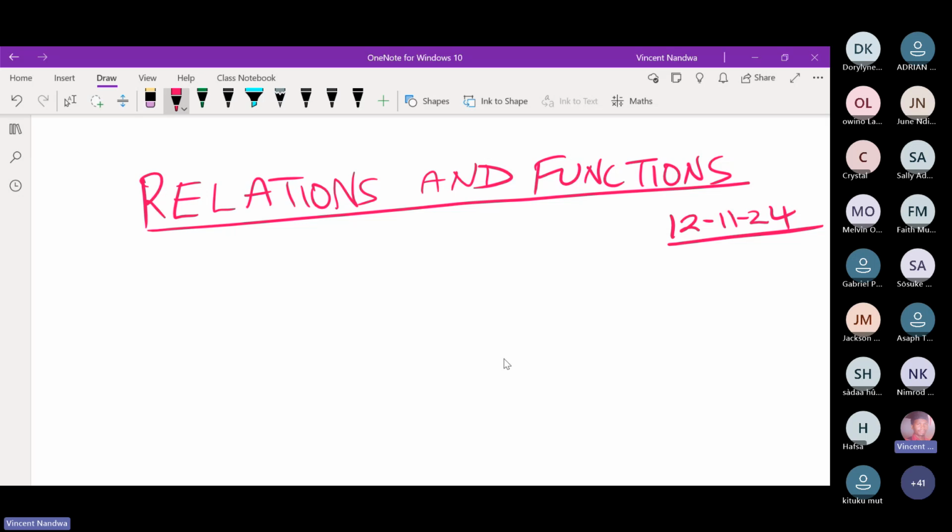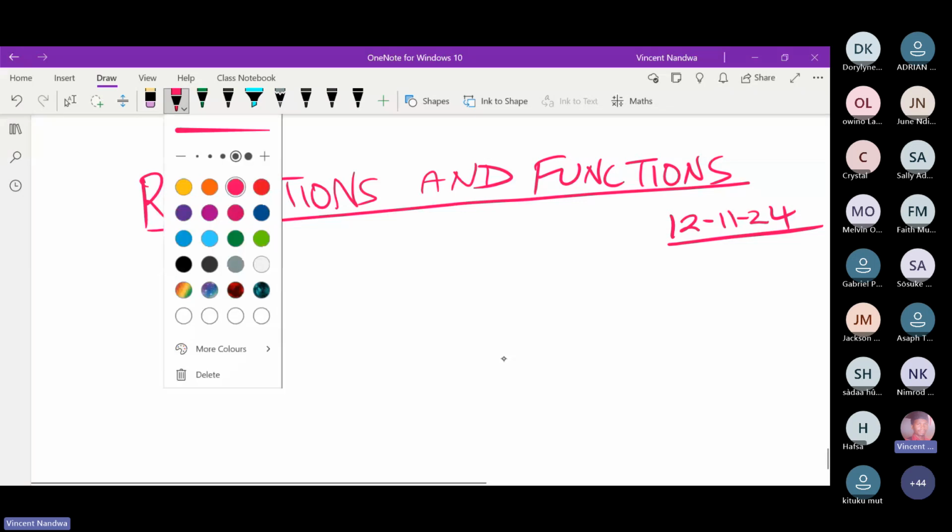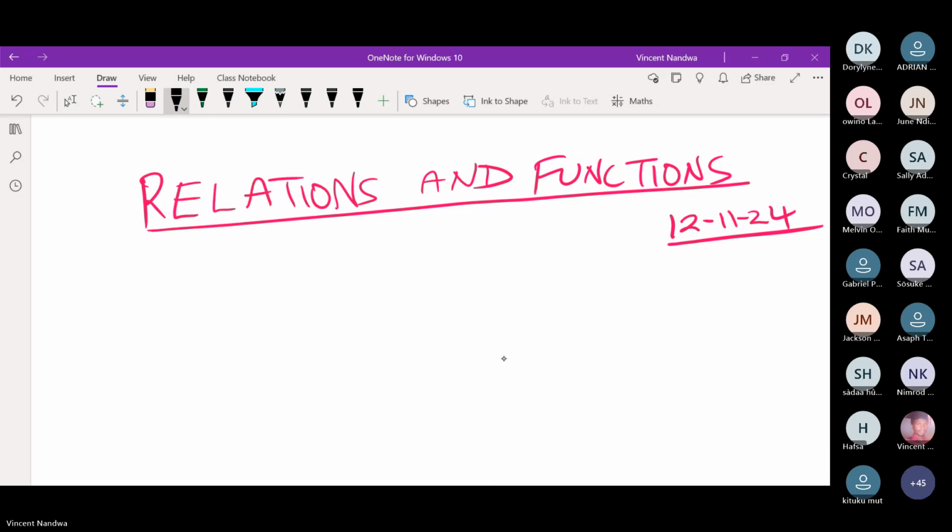It's a connection between what we are studying on sets, and therefore the topic on sets forms the prerequisite to this chapter. So in summary, the introduction of the chapter.